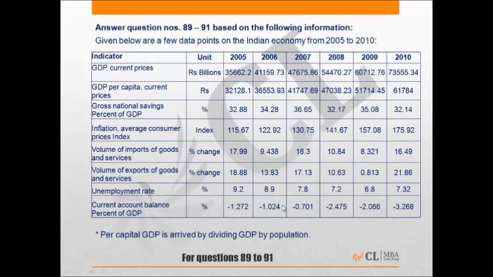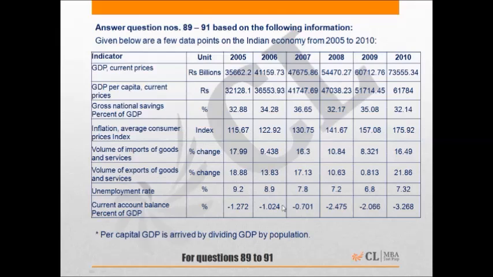We can check the given indicators in the table like GDP at current price in 2005 was 35,662.2 billion rupees and GDP per capita current prices in 2005 was 128.1 rupees, and it is also known that per capita GDP is arrived at by dividing GDP by population. Similarly, we can check other indicators like unemployment rate.